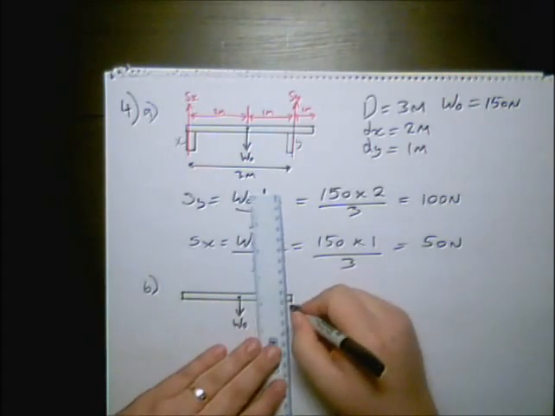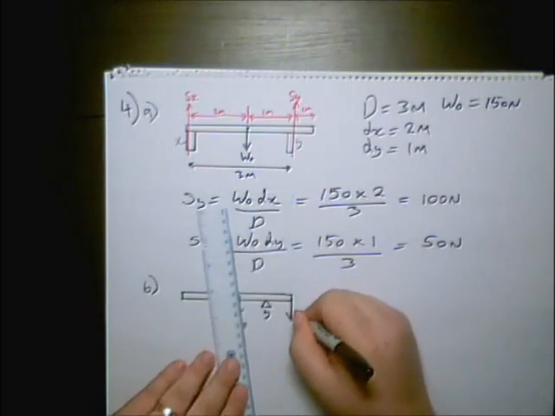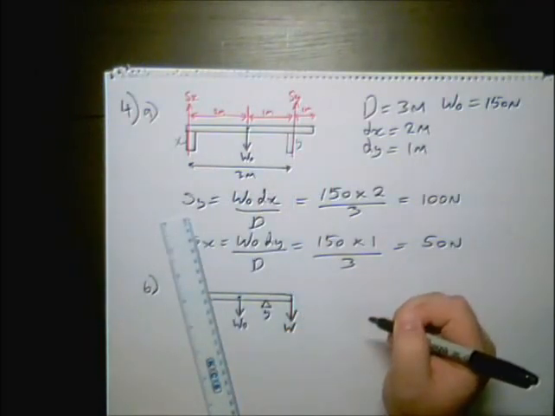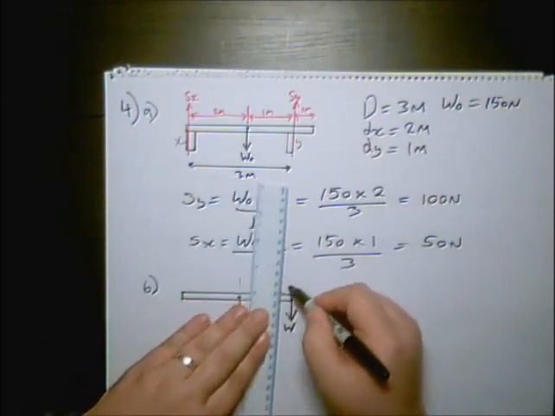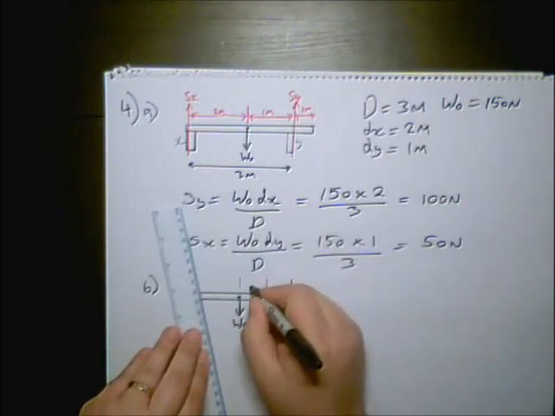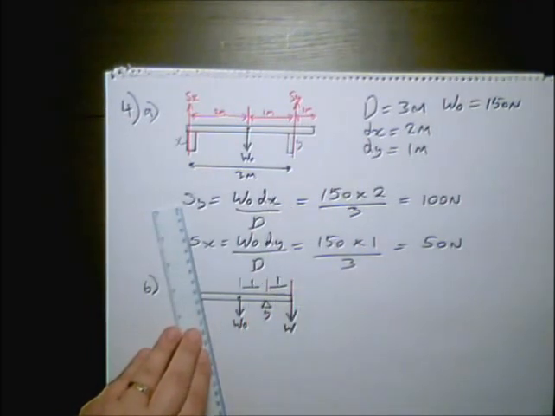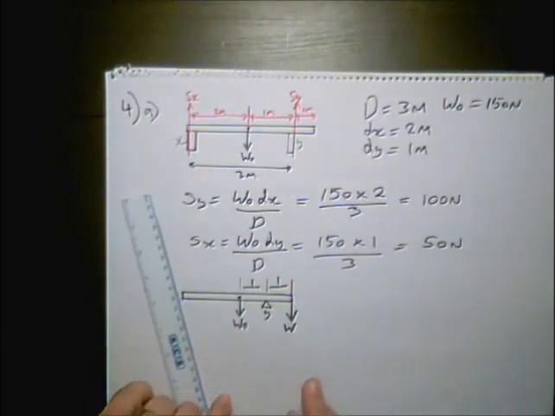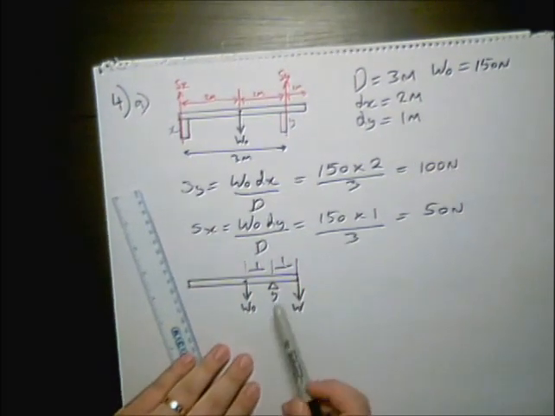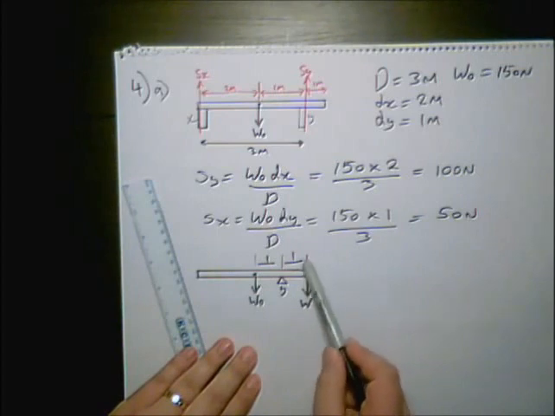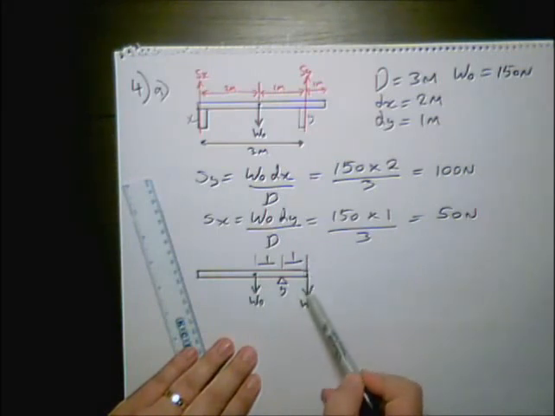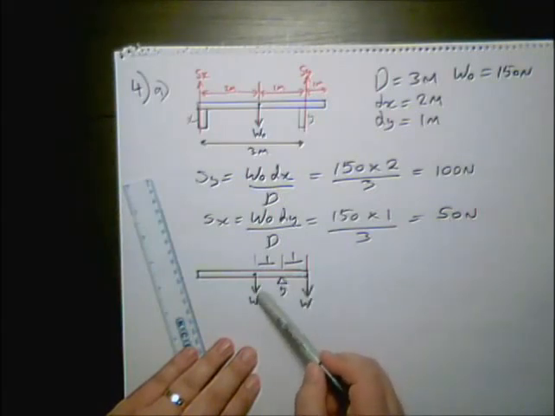And now, instead, we're going to have an extra mass or weight of the child, which I'll put in as W here. We need to consider the distances here. Well, we know that from up here, this is 1 and this is 1. And therefore, we don't actually have to do any calculation. We know that the child is pushing down creating a clockwise moment from the force W times the distance 1, and it must be counteracted because it's balancing still.